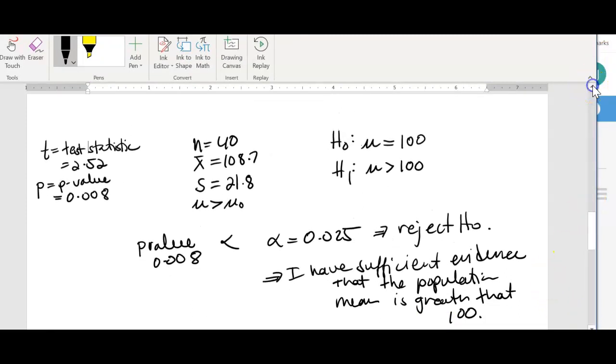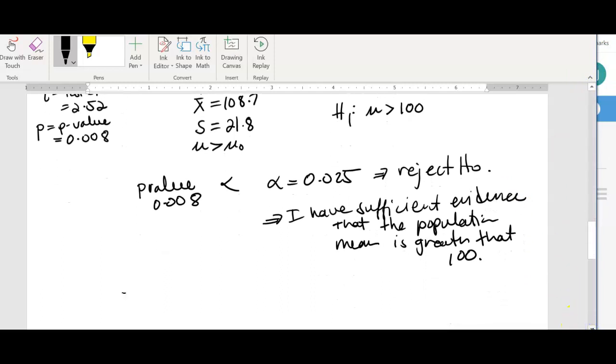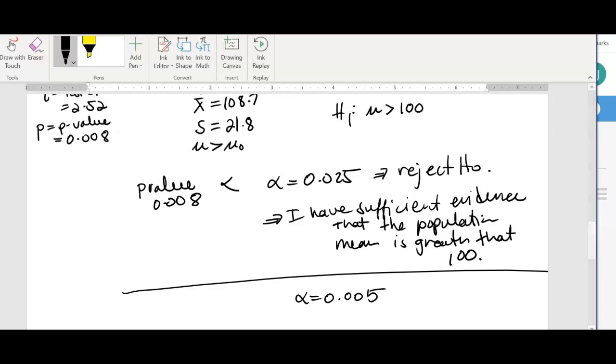However, I also asked you to look at when the level of significance was 0.005. My p-value still is the exact same, and now my p-value is greater than that. So here I would fail to reject h naught.